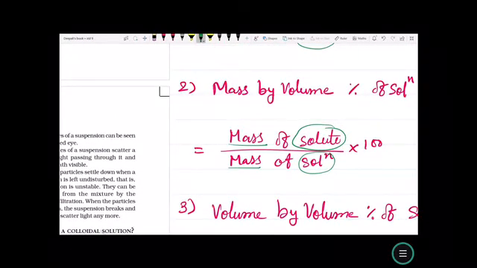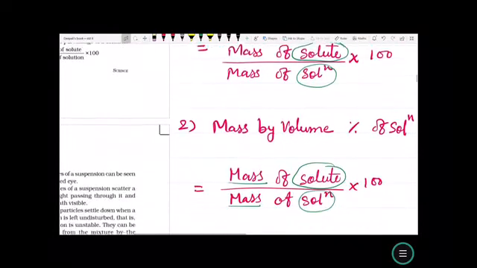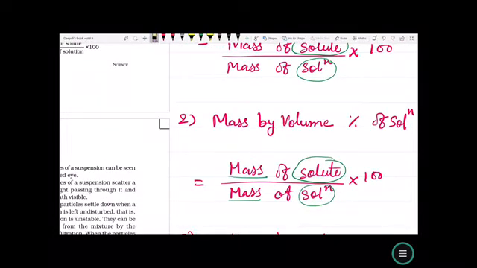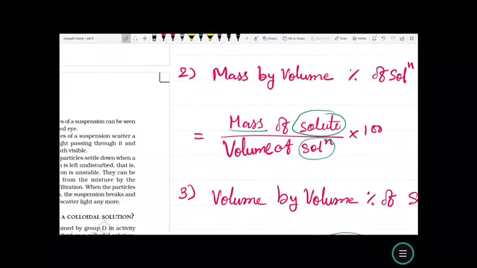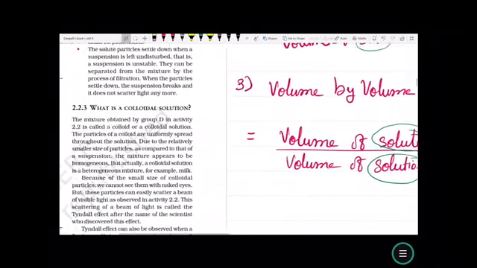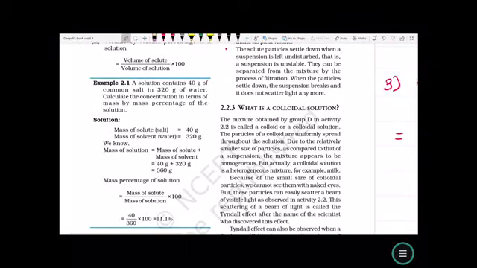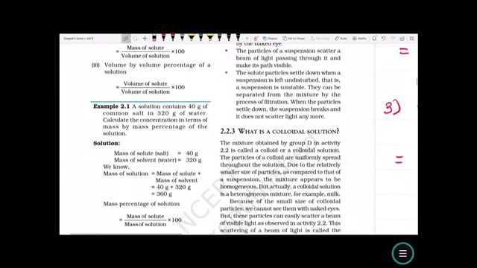You just have to see here mass and mass, mass and volume, and volume and volume, into 100.